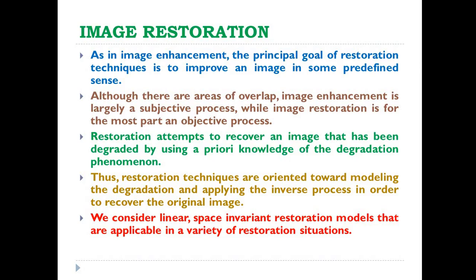Image restoration attempts to recover an image that has been degraded by using a priori knowledge of the degradation phenomenon. I told you in the beginning about image capturing and converting the analog image into a digital image.